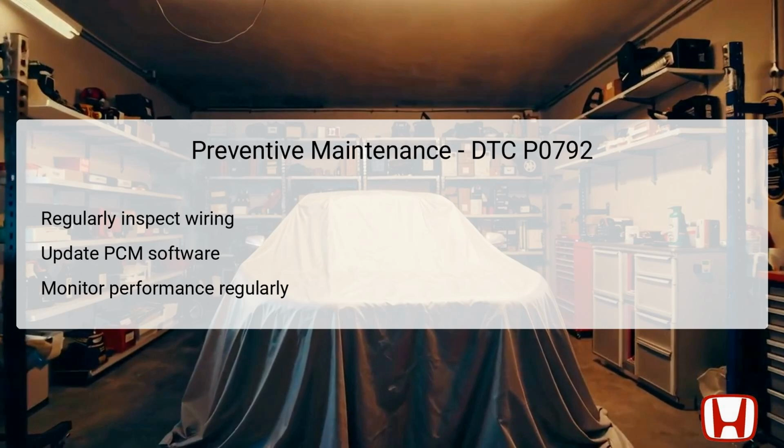Furthermore, keeping the PCM software up to date ensures that any improvements or required adjustments are implemented effectively, allowing the vehicle to operate optimally. Regular monitoring of vehicle performance through driving observations or periodic diagnostics can also help detect issues before they lead to operational failures. By implementing these preventive measures, owners can maintain their vehicle's health, significantly extending its lifespan while enhancing reliability.